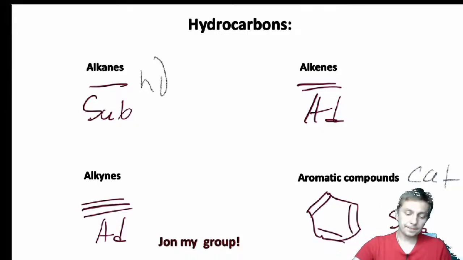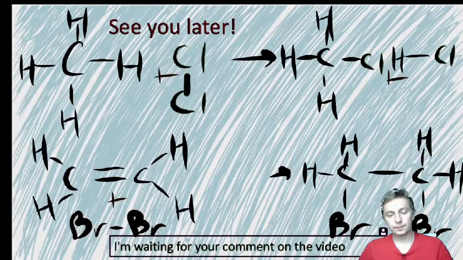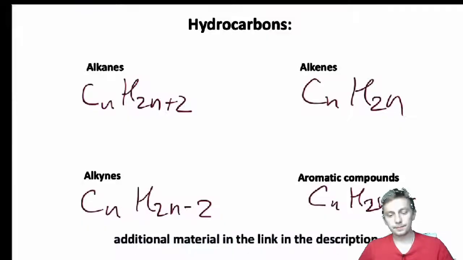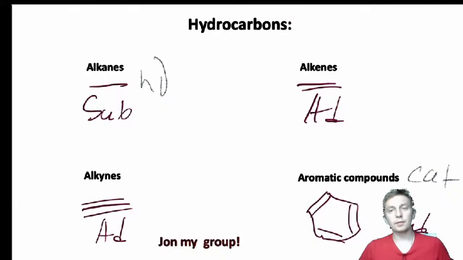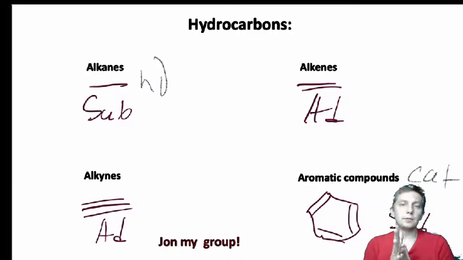And if you know this, you can predict most reactions. So remember, if you know the structure, you can predict the property. We did not discuss specific reactions for each group, just in general: if double or triple bond, addition; if aromatic or no double or triple bond at all, substitution.